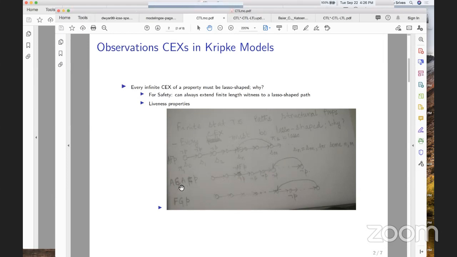So that's how the violation of AG of AF of P can be constructed, once again with a lasso of this kind.